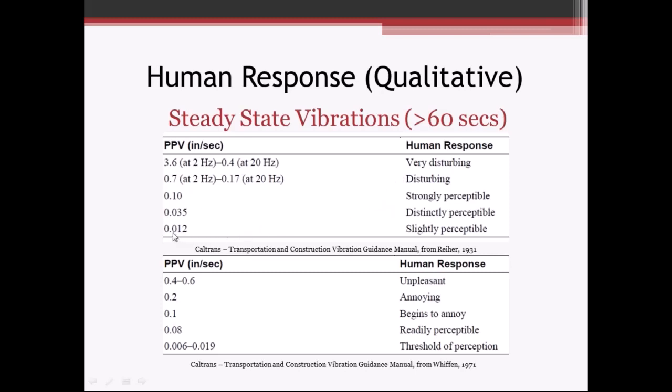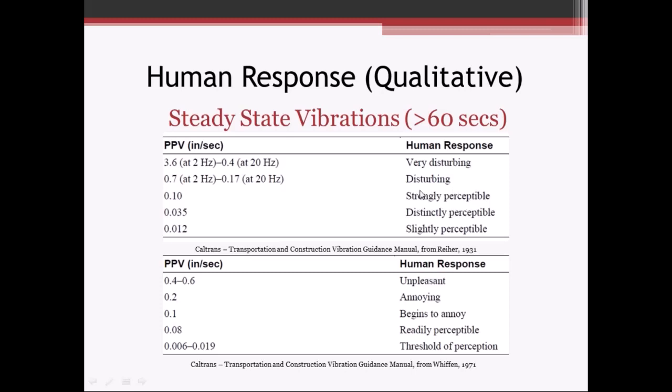Right around 0.01 inches per second, slightly perceptible. Similar down here, 0.006, kind of the threshold of perception. 0.1 inches per second begins to annoy. 0.1 inches per second, it's strongly perceptible.